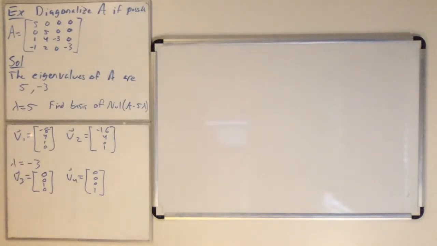And so now we want to count. Do we have 4 total eigenvectors? And we do, right? The dimension of the eigenspace for lambda equals 5 is 2. The dimension of the eigenspace for lambda equals -3 is 2. 2 plus 2 is 4, which is the number of rows and columns of our matrix. So we can diagonalize A. So A is diagonalizable.